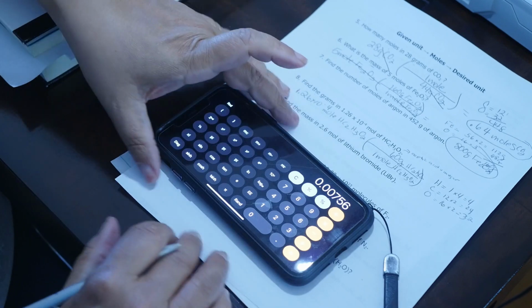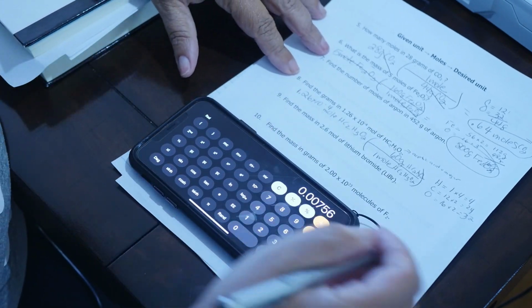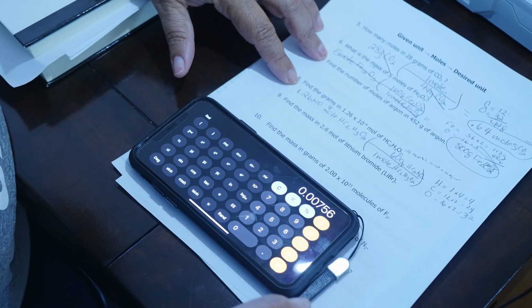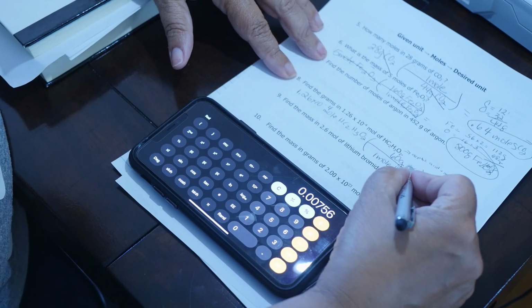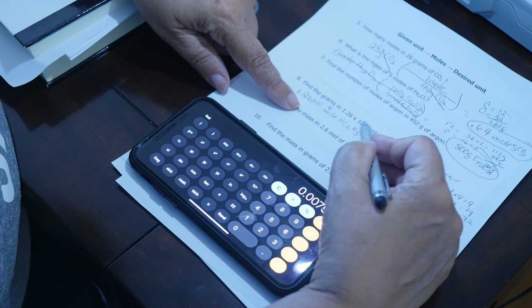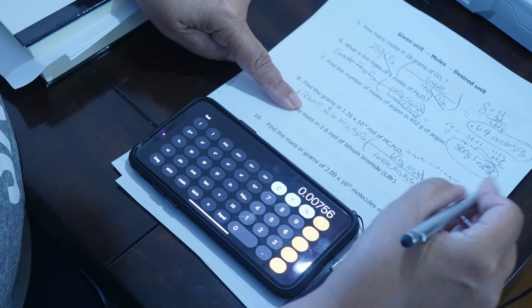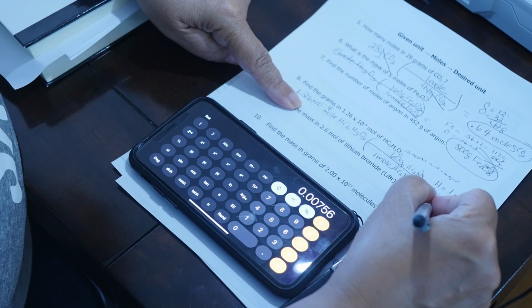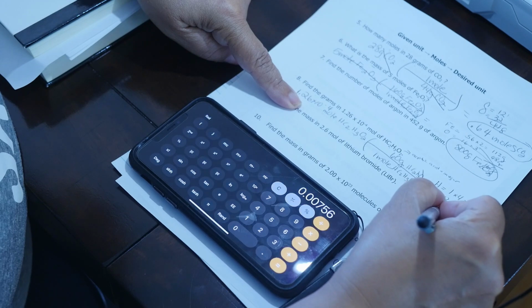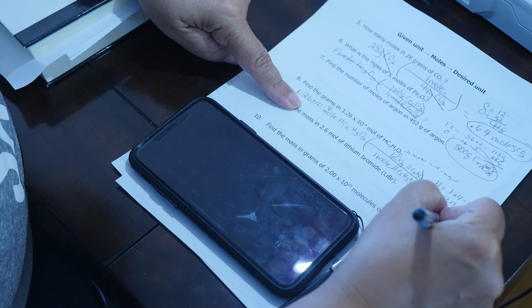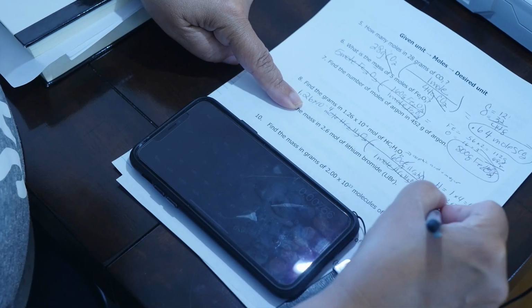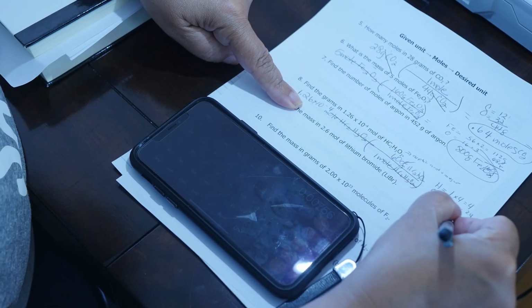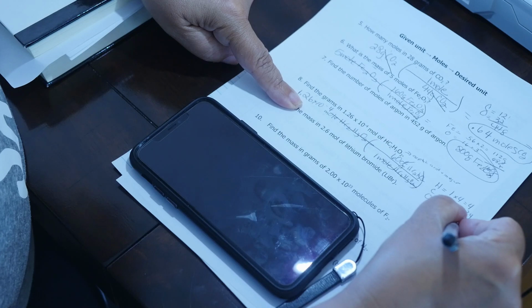So that is how many moles. That is how many grams of acetic acid there are when I have this many moles. I'm left with grams. So that is the unit that I'm going to use right here.